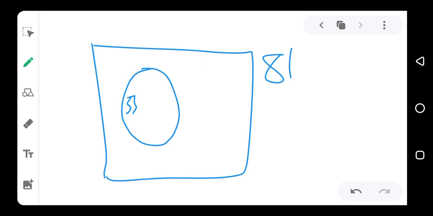Let's not write it until we get the intersection. So the intersection, we have some girls that are day students, and there are girls that are not day students.